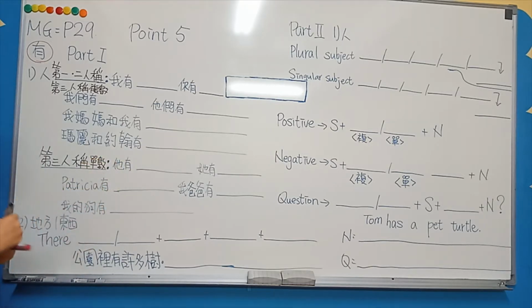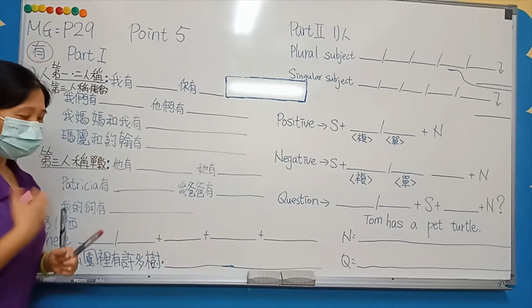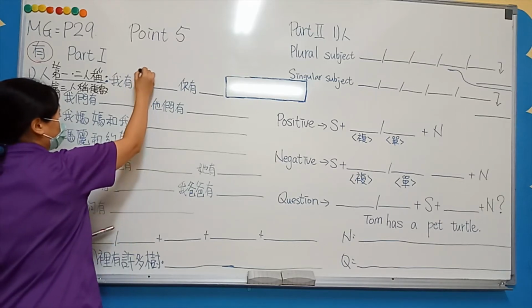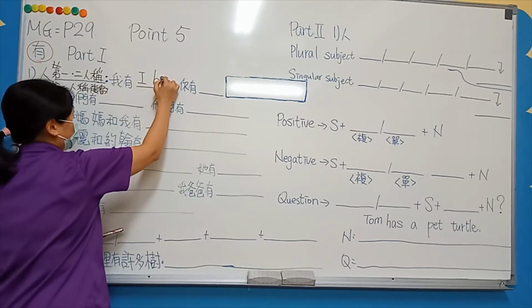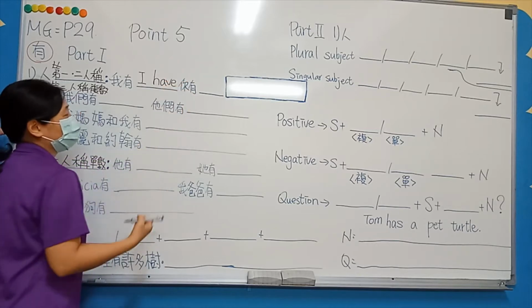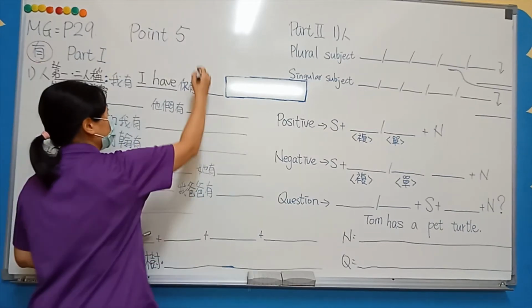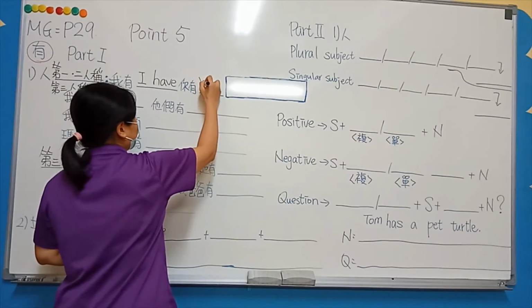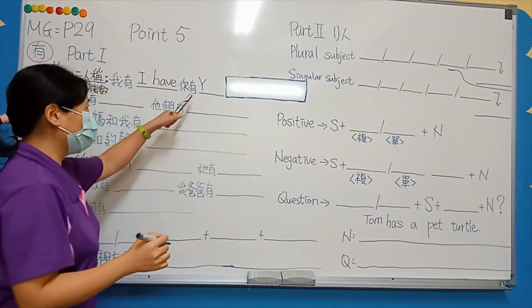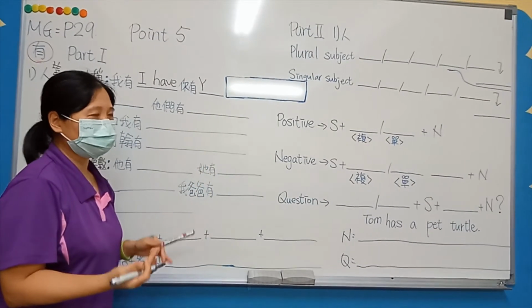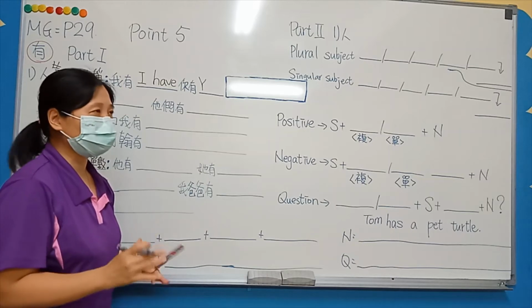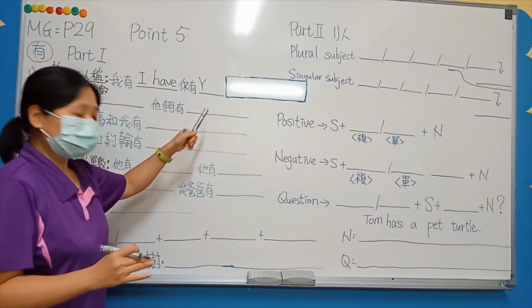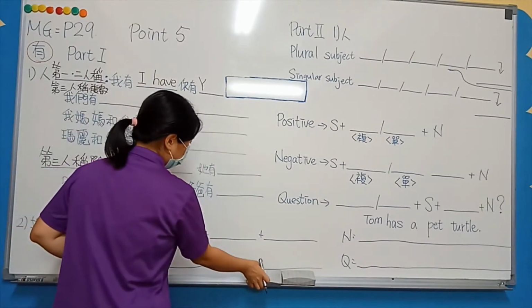Okay, so answer: 我有, I have. 你有, you have. If you want to write capital, okay, you write small letters, also okay.